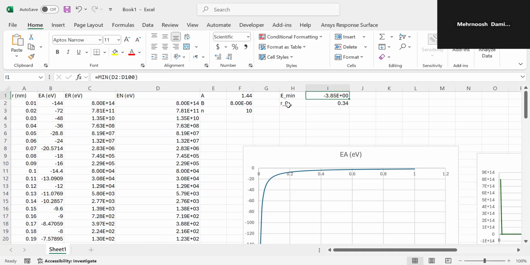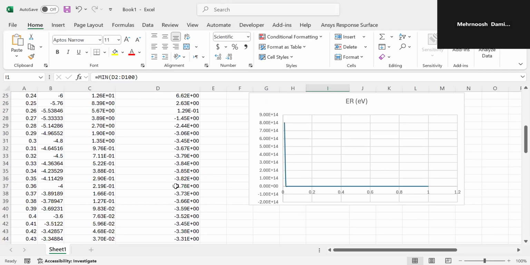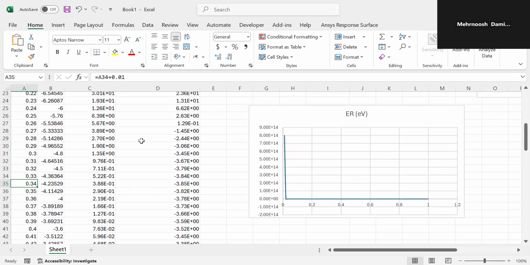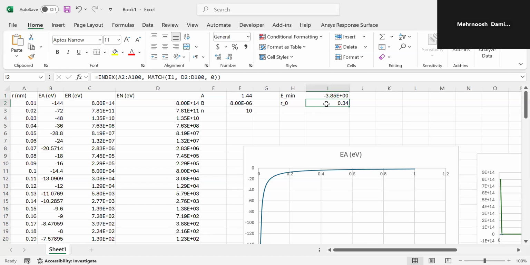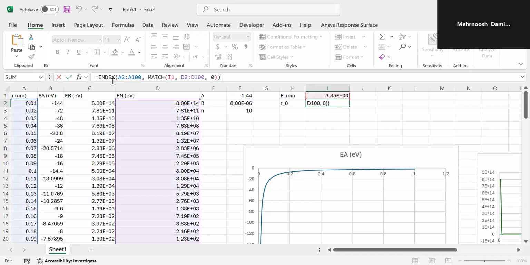But I'm looking for R naught, or the distance related to this minimum. Maybe you only look at this and, for example, this is minus 3.85. We don't have many numbers. Okay, here, and what is R? 0.34. Another technique you can use here is an index up to A10, which means we are looking for the R that matches I1.